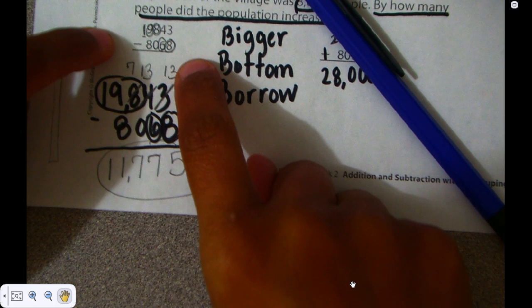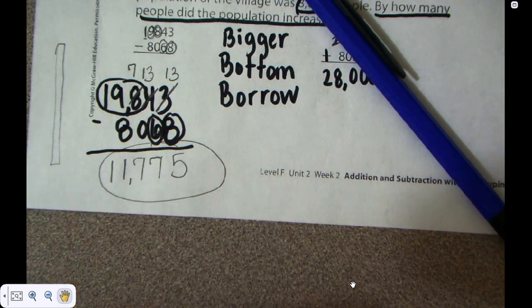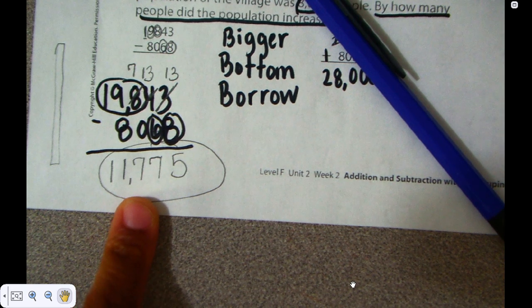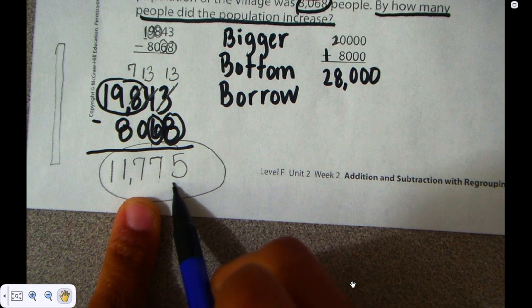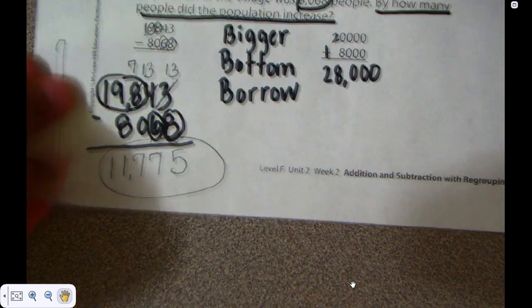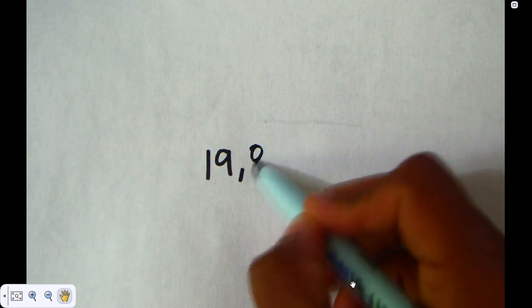We know a strategy because for this, drawing a picture would have been kind of hard. We kind of just had to do the computation and solve it. But a question that I was going to ask is, is there a way to check our answer to make sure it's correct? We have learned with subtraction, I can take my difference, my answer, and add it to this bottom number. So let's do that right now. 19,843 is what my starting number was.